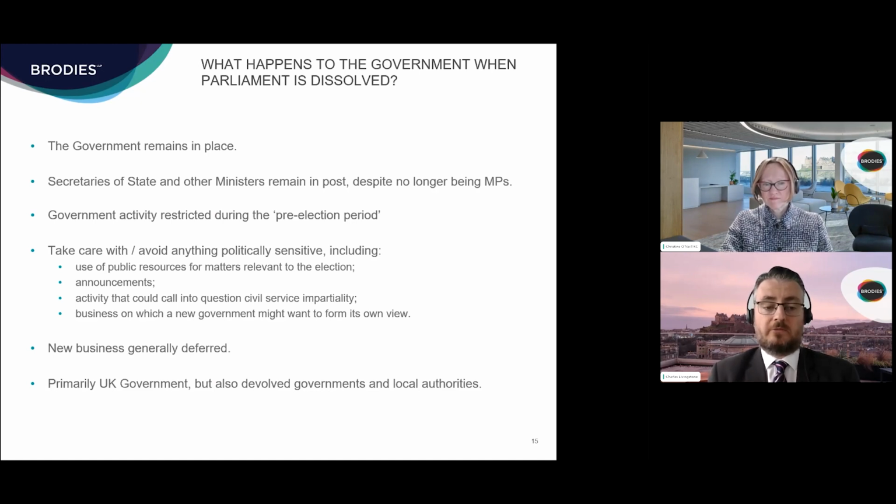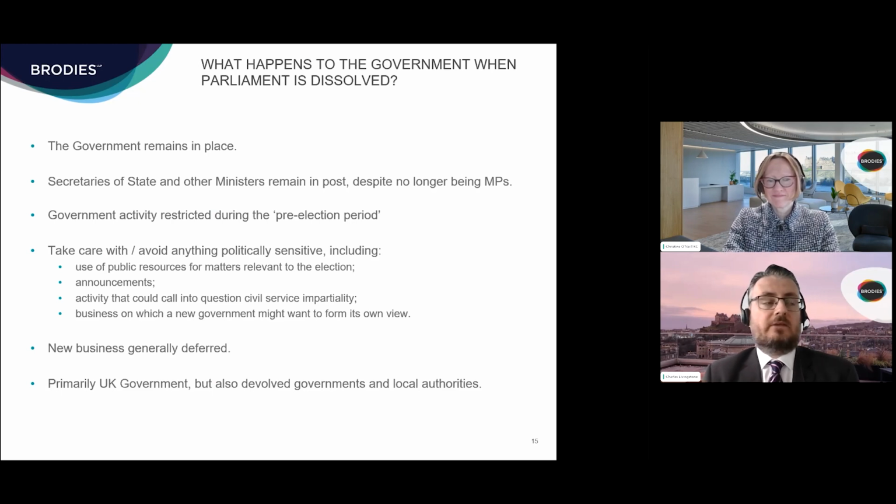The making of announcements, particularly on sensitive issues, any activity that could call into question civil service impartiality, and indeed business on which a new government might want to form its own view before the horse escapes the stable. And as part of this principle, new business is generally deferred.